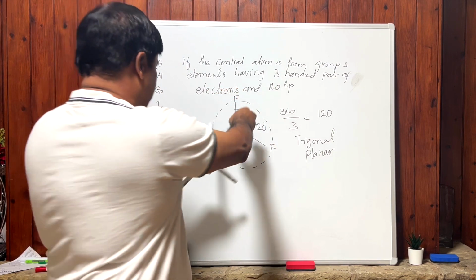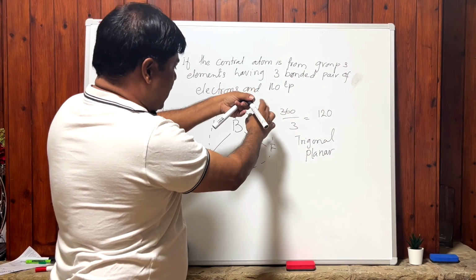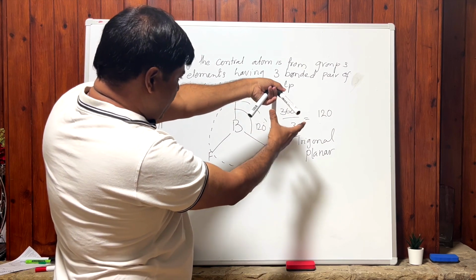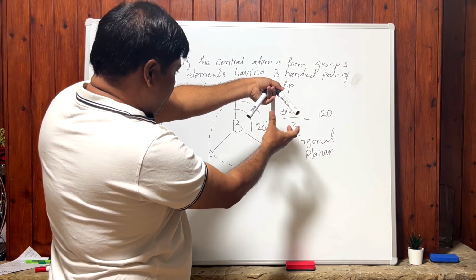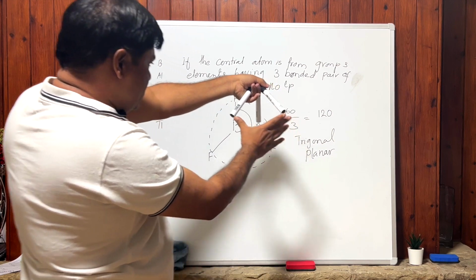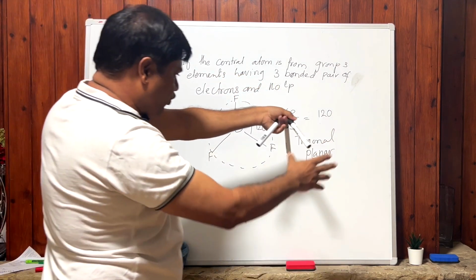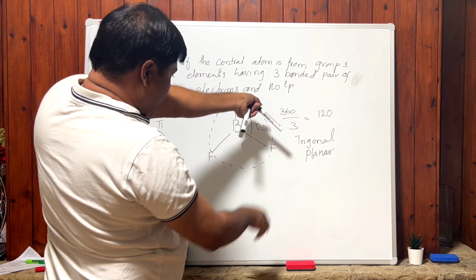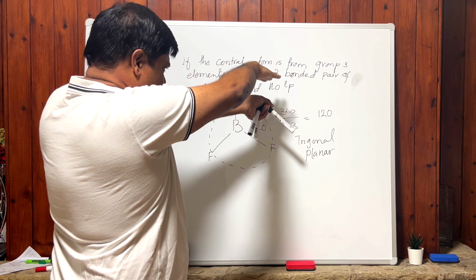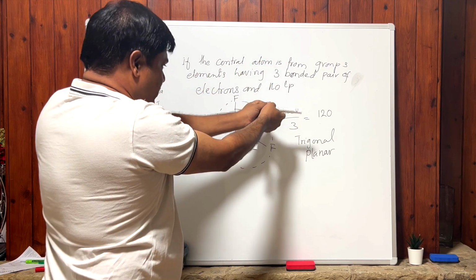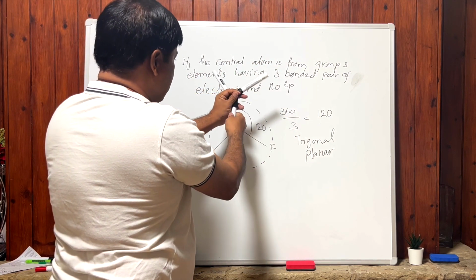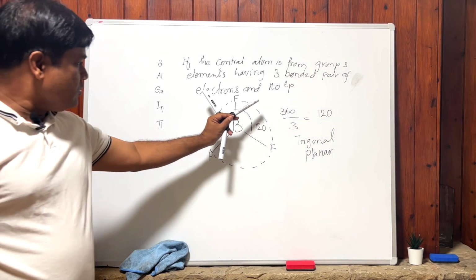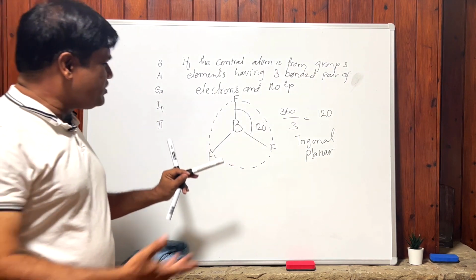If you pull it up, it becomes like a trigonal pyramidal, like a tripod stand for an iPhone or anything. So this is a pyramidal shape, and if I press this central atom, it becomes flat. This is a flat molecule. A flat molecule is a planar molecule. So this is BF3 or BCl3, whatever it may be.